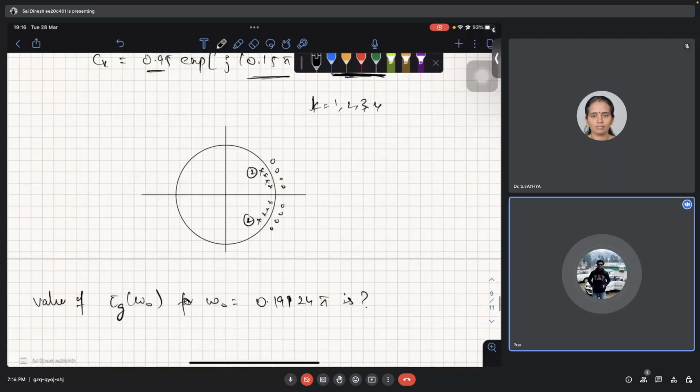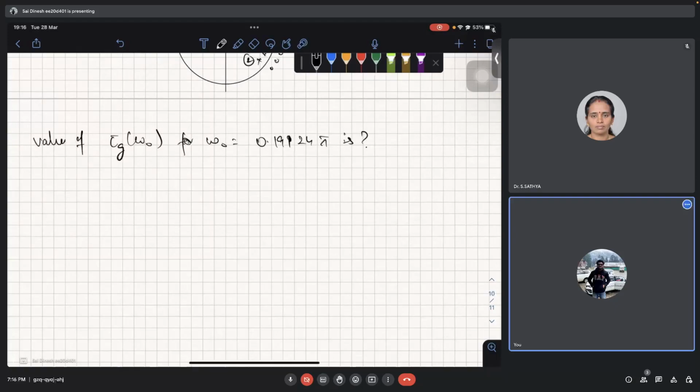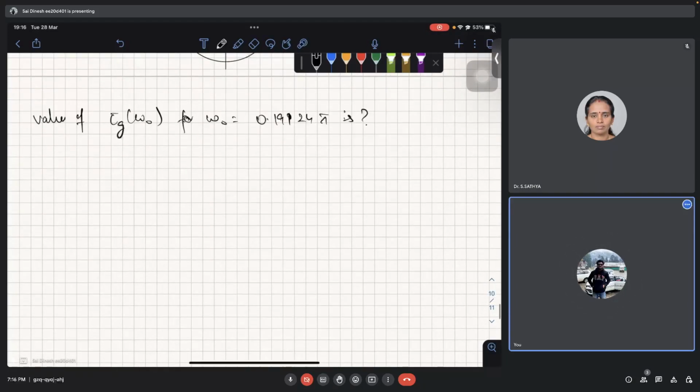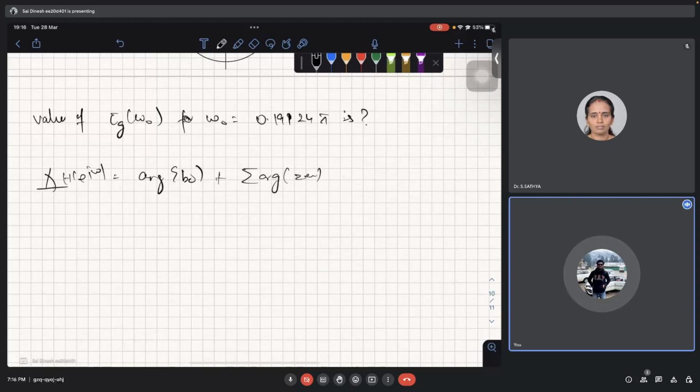So we know that the angle is an additive term: the arg of b naught plus sigma arg with respect to zeros and sigma arg with respect to poles.